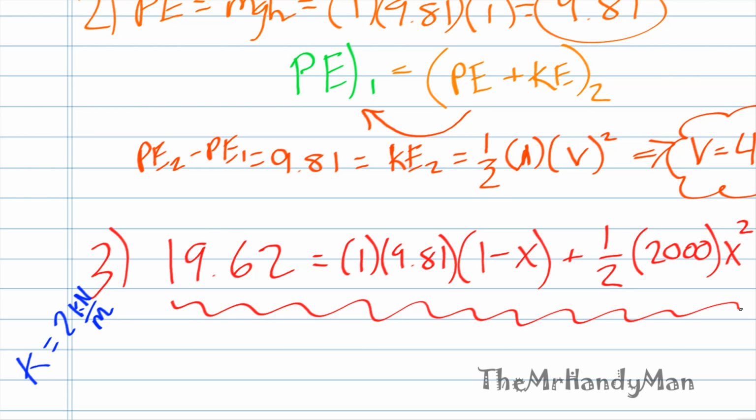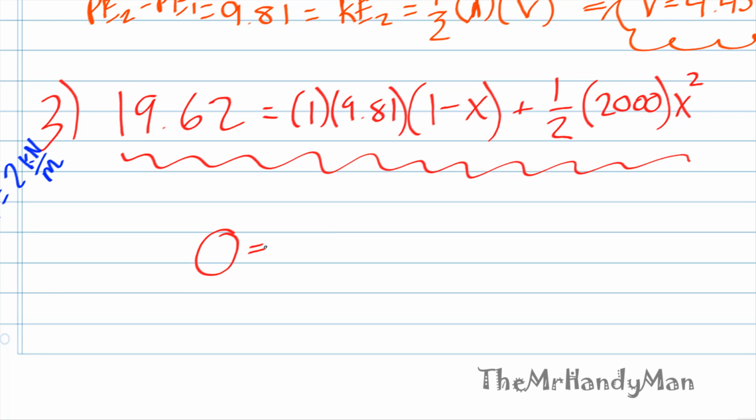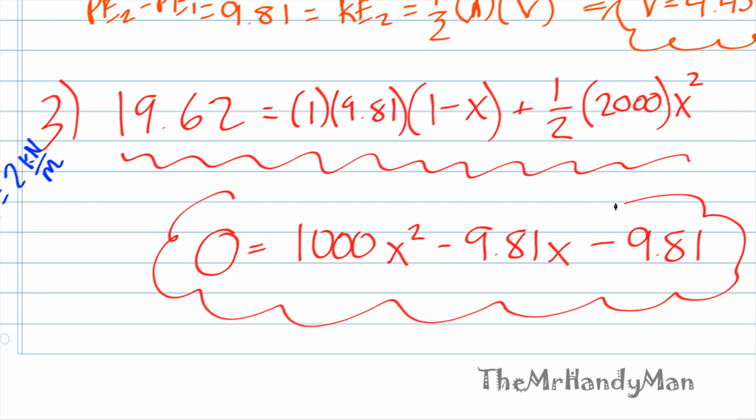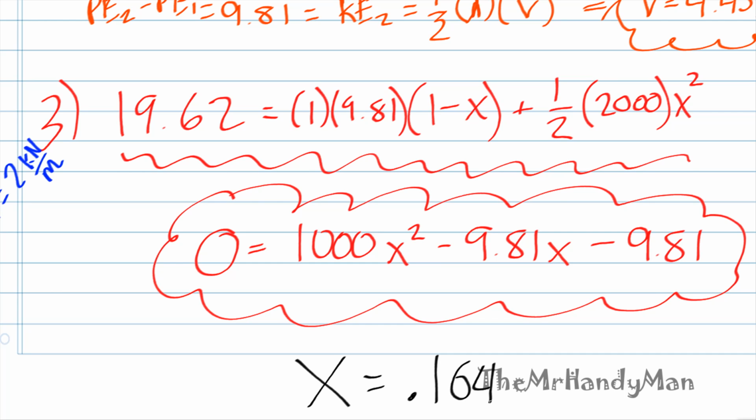We should be able to solve this and get this equation: 0 equals 1,000 x squared minus 9.81x minus 9.81, which when you use the quadratic formula, you can solve for x, and just to give you an answer, x is equal to 0.104007 meters.